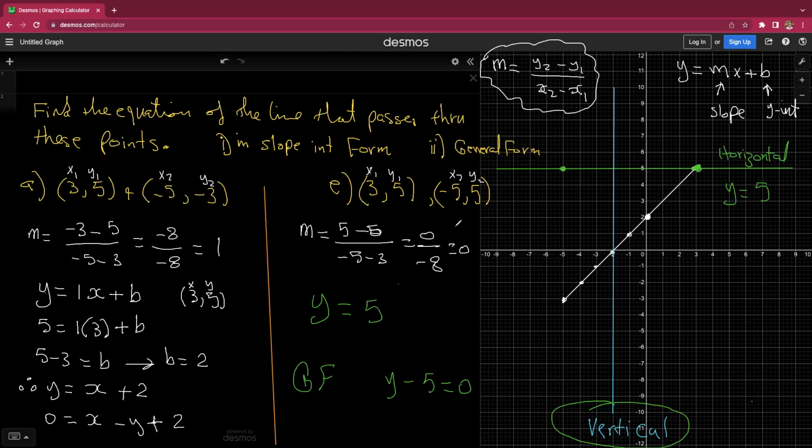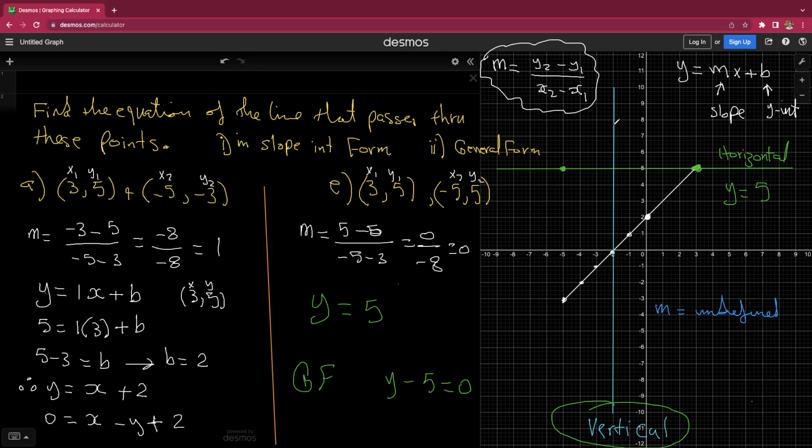And with the vertical line, just know the slope of the vertical line, m, will be undefined. Why?